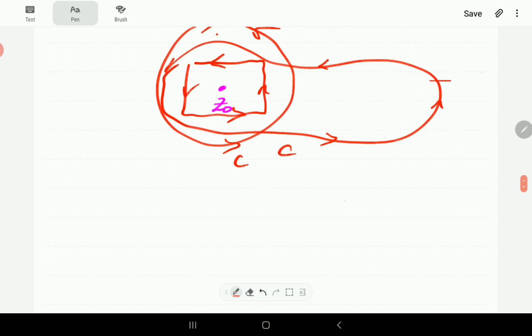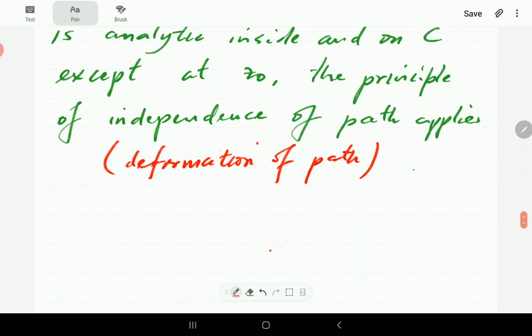If you start with this contour here, you could deform it into a circle or deform it into a rectangle or square, so long as it still satisfies the same properties, that is, in this case, it encloses that singularity.